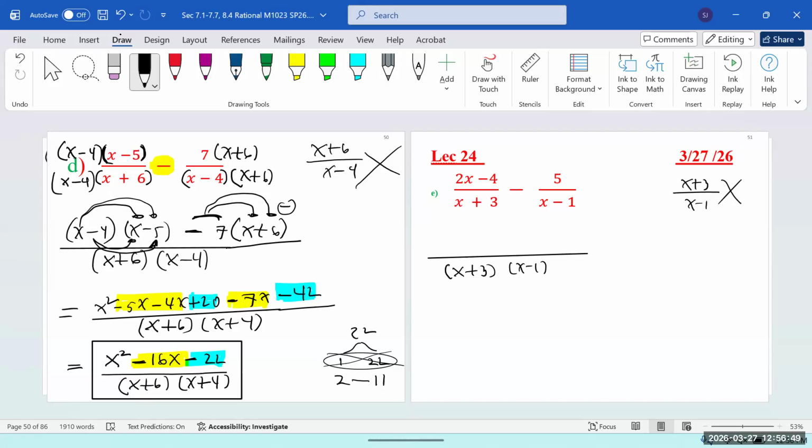No, it's FOIL, but you don't have to do any foiling. You just have to find what your LCD is. What is the same denominator you want on every denominator? We want these two to be on every denominator. On the first denominator, we have x plus 3. What don't we have?